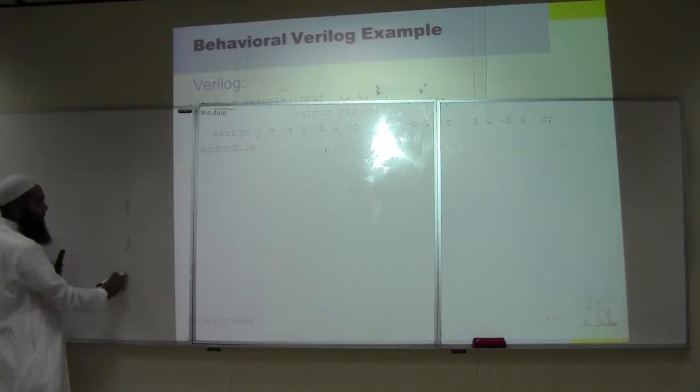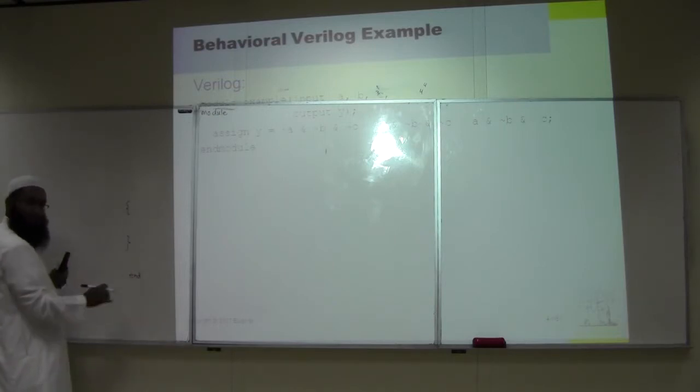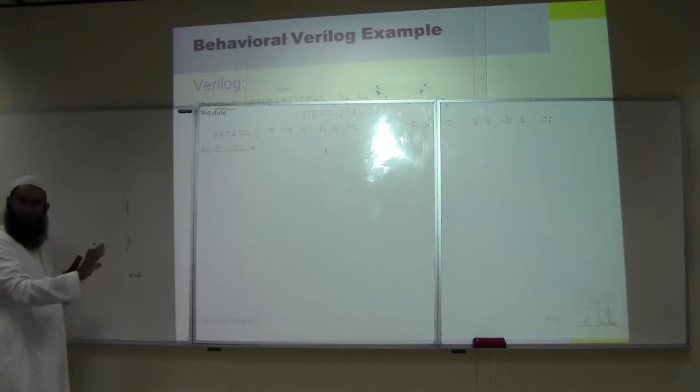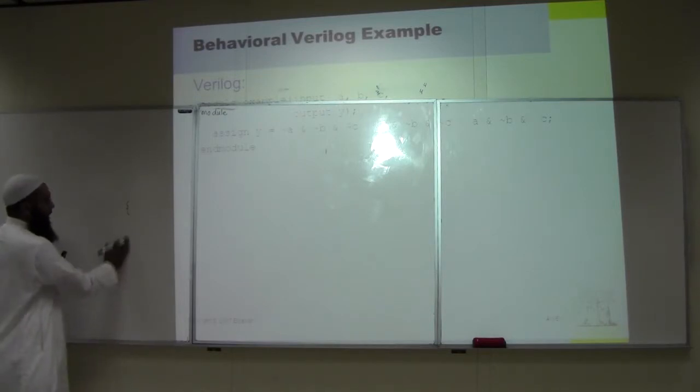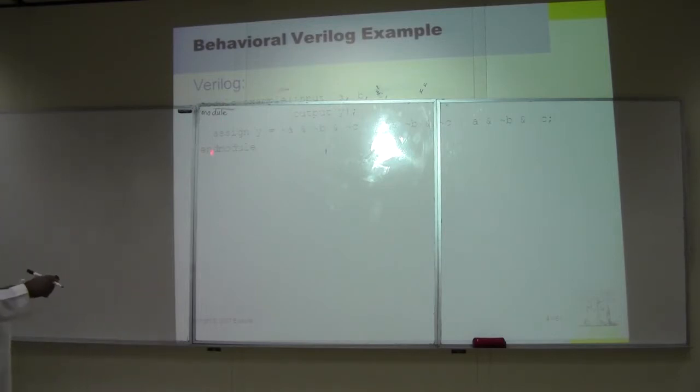In other programming languages we finish with the word end. Different languages have different ways. Here we do not have these brackets, we have endmodule. Endmodule means the module is finished. So between module and endmodule you write your program.